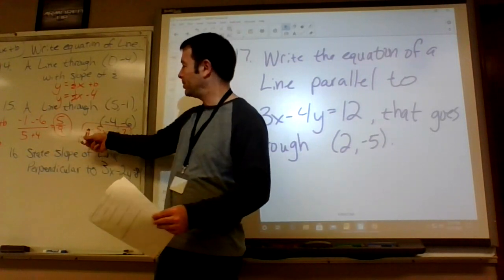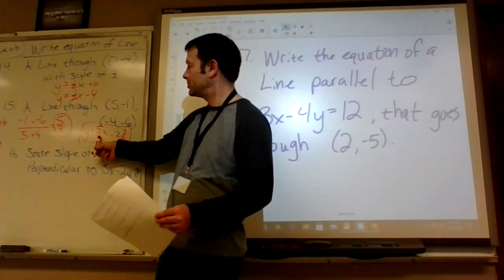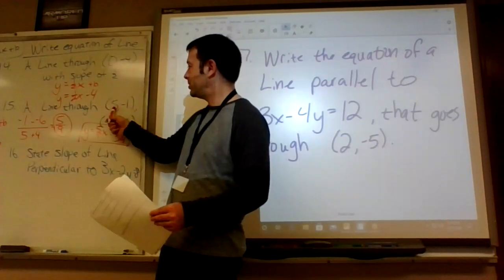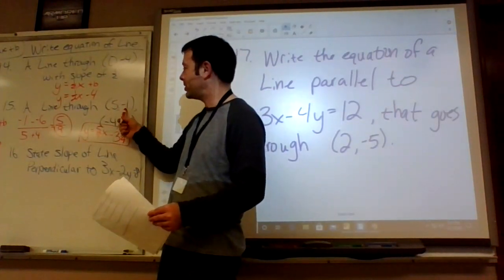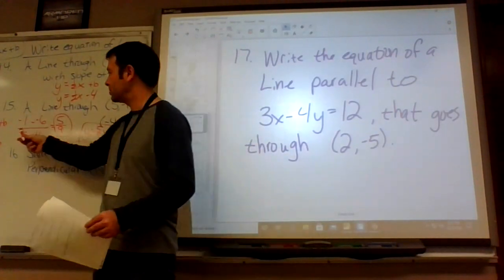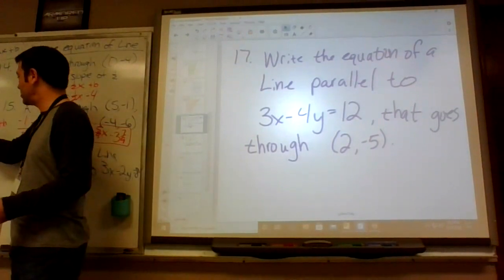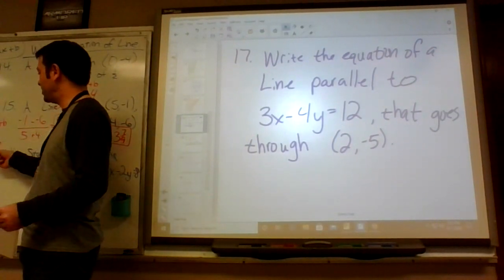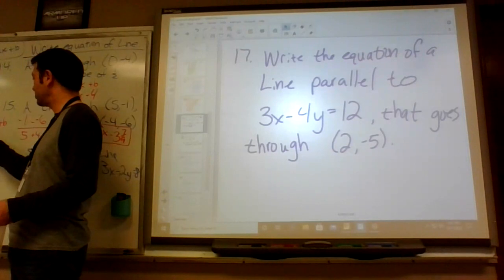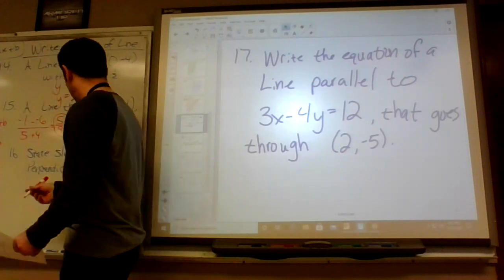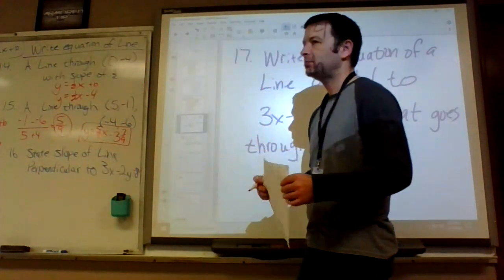Once you get the slope, you can plug it in where the m goes. And then you can plug in one of these points for the x and y. We used 5 and -1. I solved that for b by multiplying and subtracting. It's not as hard as I thought.